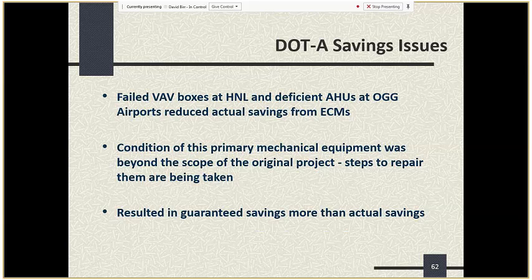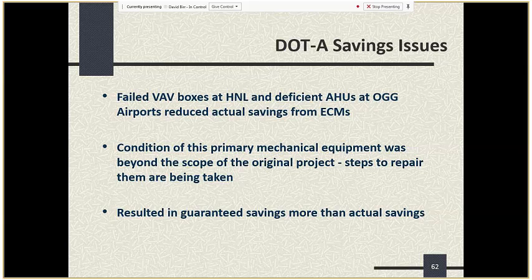And so that caused there to be some additions to the scope to repair things that were not included in the original scope. But in order to truly achieve all the savings, some of the existing equipment inventory actually needs to be upgraded in some respects.